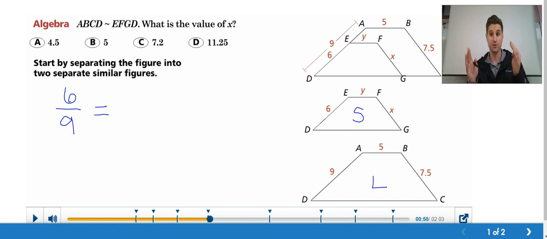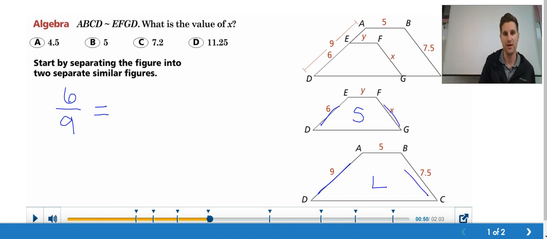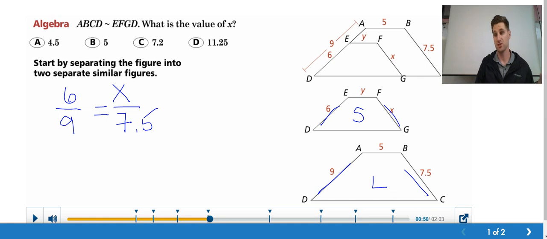Since we know all the ratios are equivalent ratios, unlike our last problem where they were all different, they should be proportionate to one another. So I compared 6 to 9, and I want to find x, so I compare x to 7.5. We got to make sure we put x on the top because small goes on top, large goes on the bottom. Once we have this, all we have to do is solve a proportion.